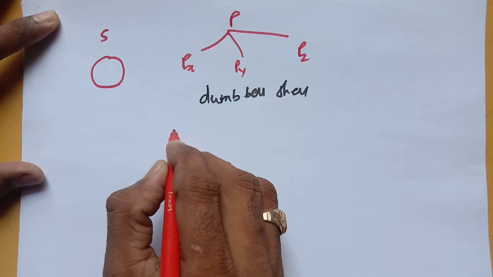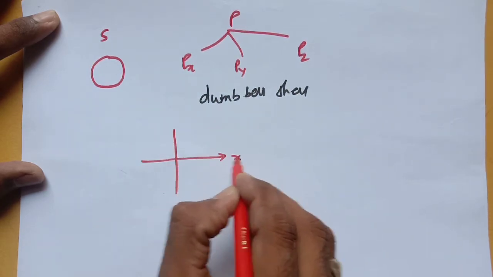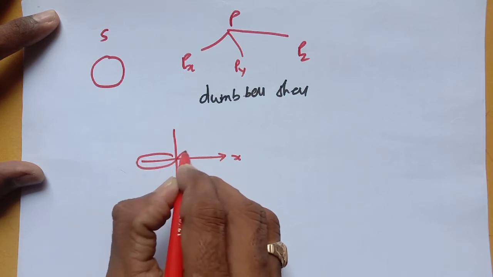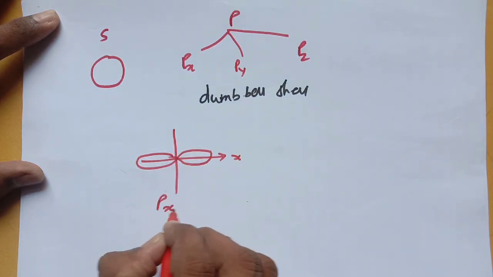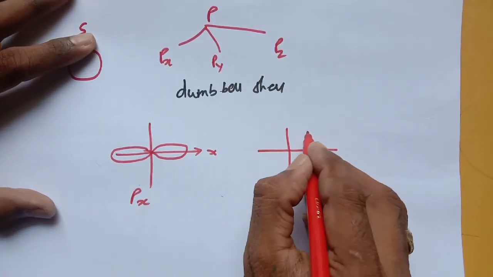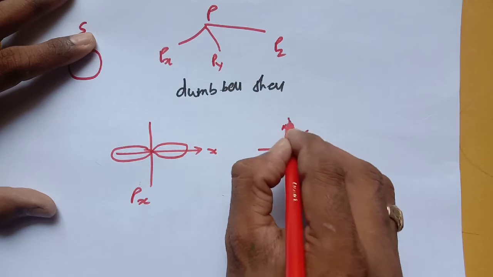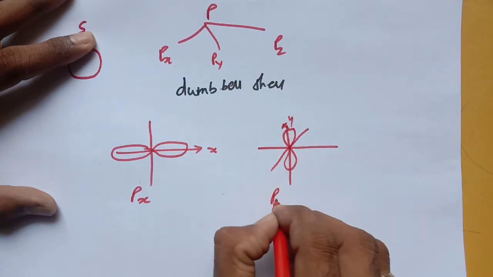So this is the structure: if this is the x-axis, this is the dumbbell shape oriented along the x-axis, so it is called px. Py is oriented along the y-axis, so this is py.